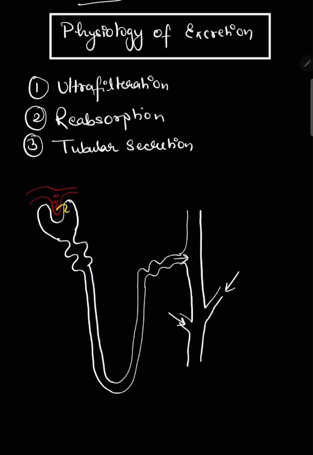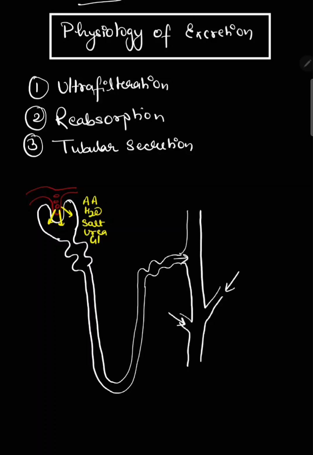Now what happens is ultrafiltration. We have seen ultrafiltration, that is, the filtrate coming into the Bowman's capsule. What all filtrate will come? Amino acids, water, salts in the form of ions, Na plus, Cl minus, all of the ions. Urea, very important.